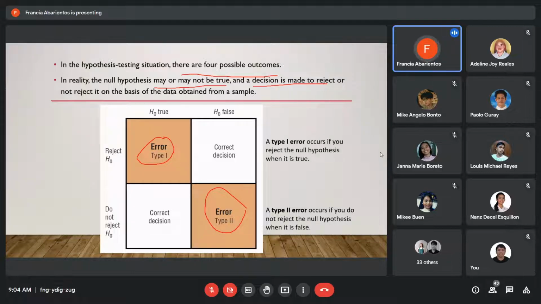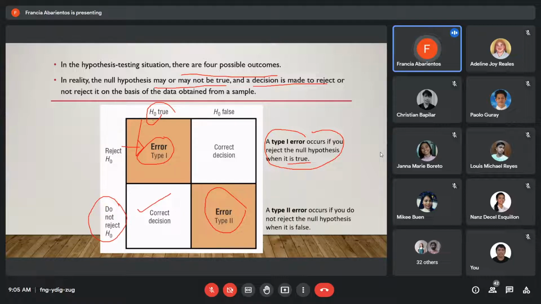So here is an example of a type 1 error, which occurs if you reject the null hypothesis. You reject it, automatically it is called error 1 or type 1, which is you reject the null hypothesis where in fact it is true. Okay. So the correct decision then, class, is you do not reject your null hypothesis when your null hypothesis is true.